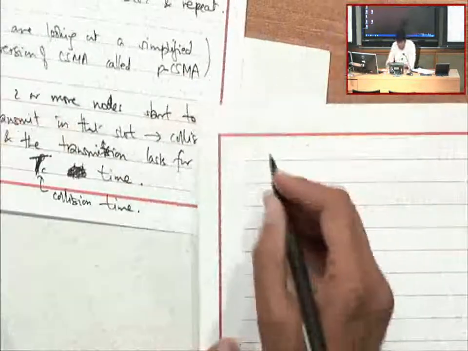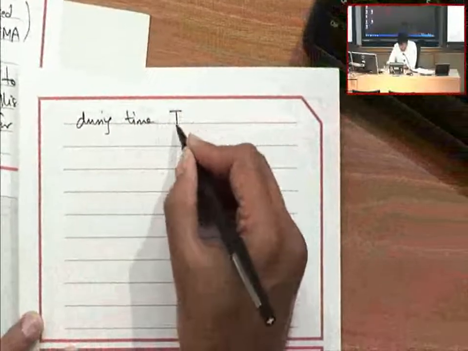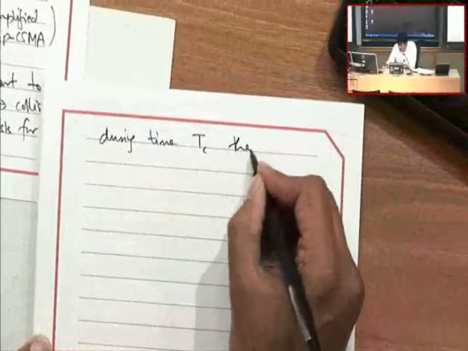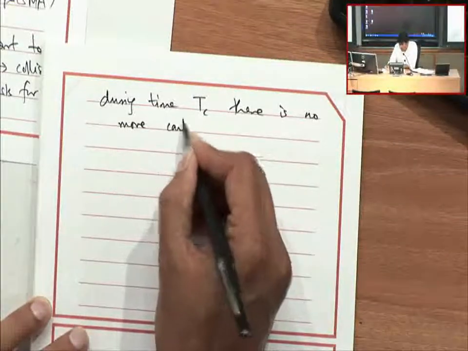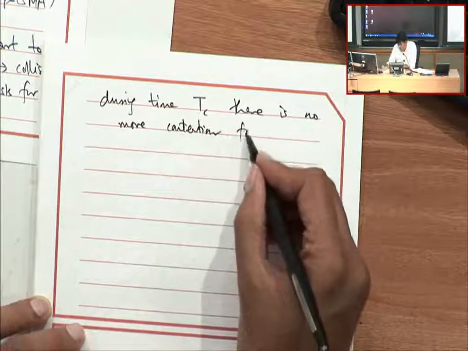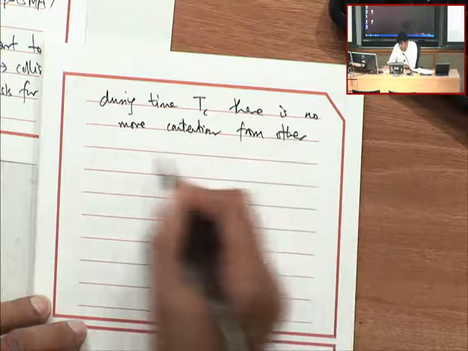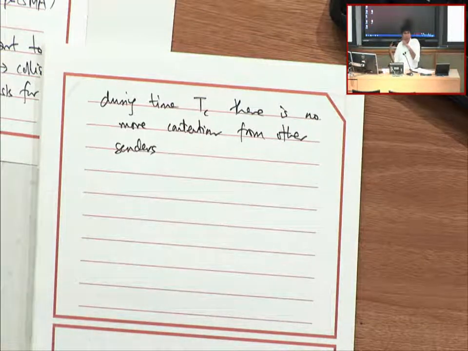So during time TC, there is no more contention from other senders. Besides the two or more nodes that are actually colliding right now, nobody else is going to transmit during this collision time.